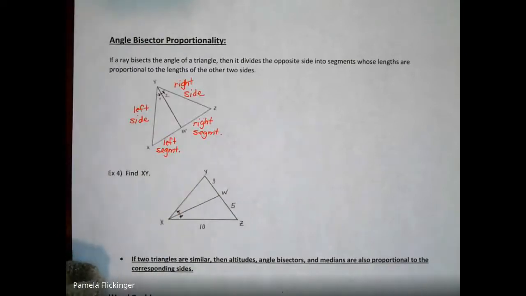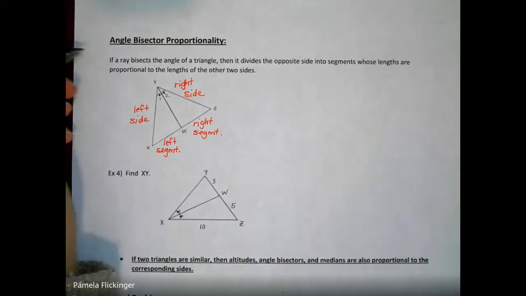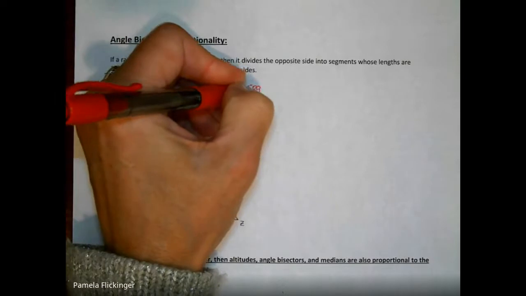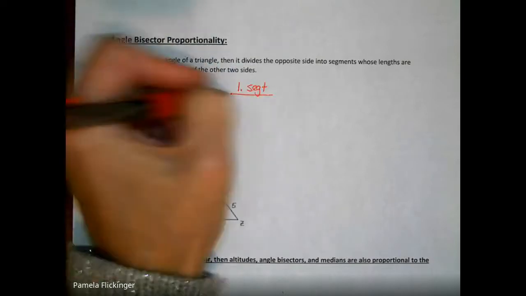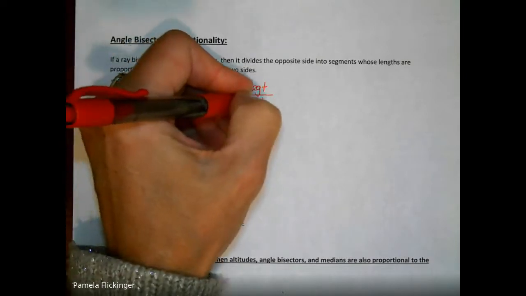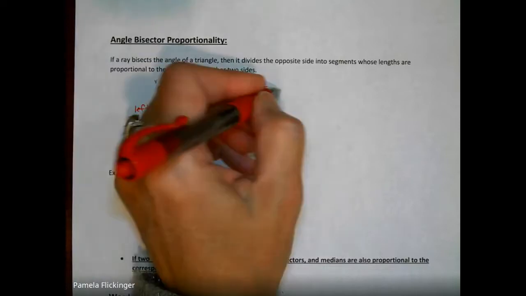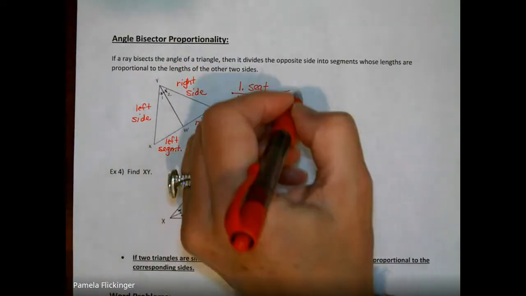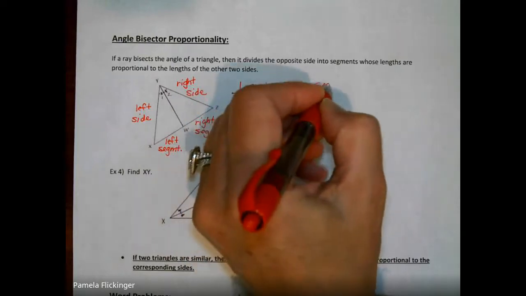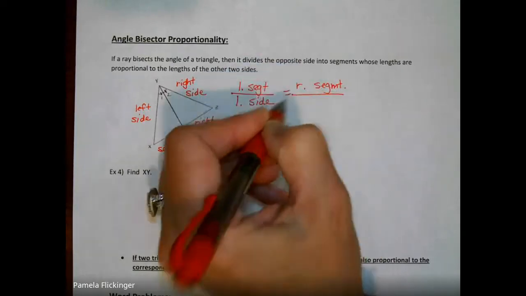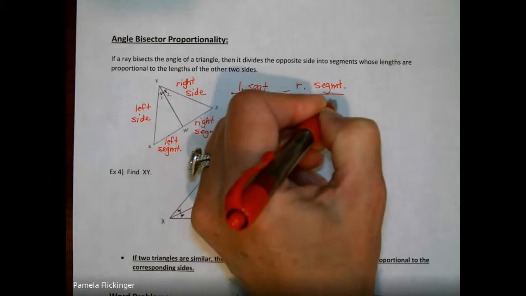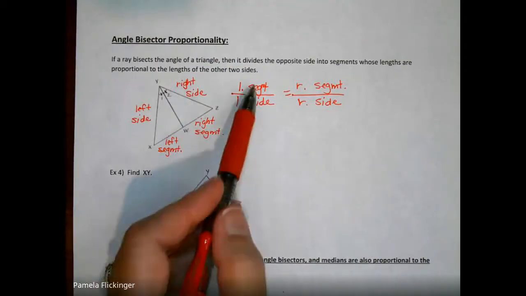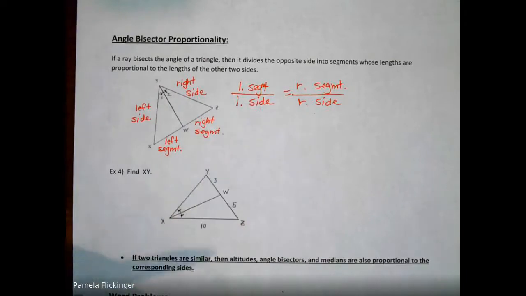So when I go to write my proportion, I've got several ways I can do it. I can put left segment over the left side. And if I create my fraction that way, then I need the right segment over the right side. Oops, lost my M there. All right, so we got to keep that same pattern going.